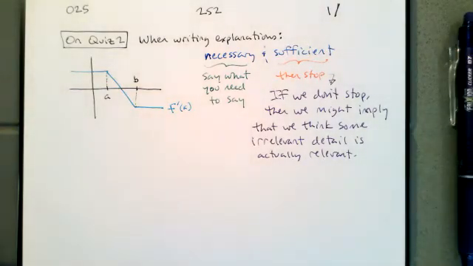And then at that point, we've crossed over into being incorrect. So the first thing we want to consider is we want to say what is necessary and sufficient.